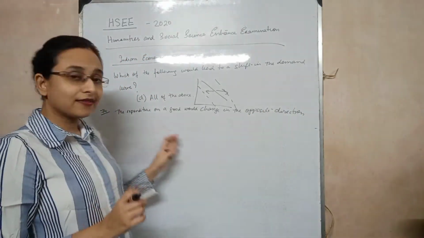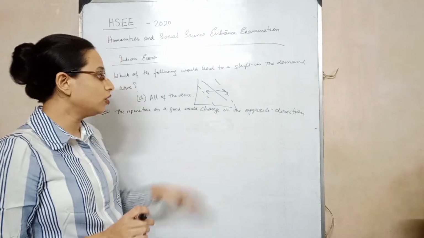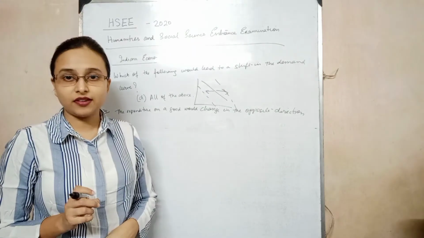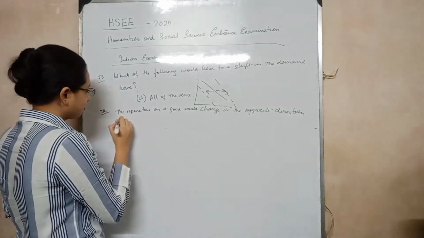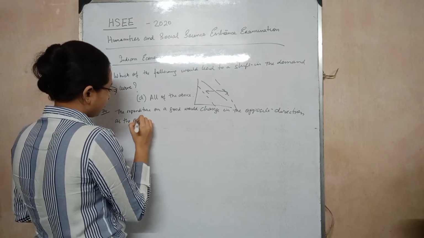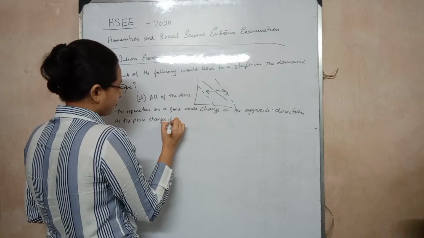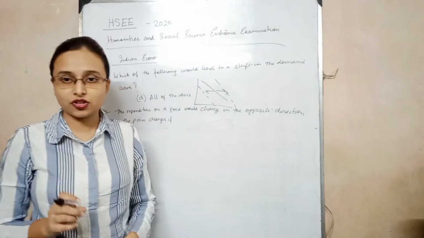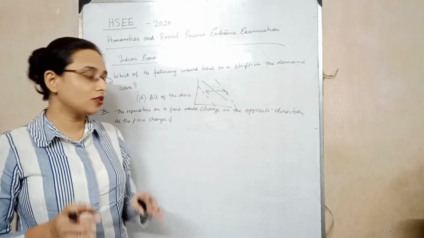That is, the expenditure on a good, the expenses that we are making on a good, would change in the opposite direction as the price changes if... Okay, this is the question. Now you will be getting the options, but you can analyze it in your mind.